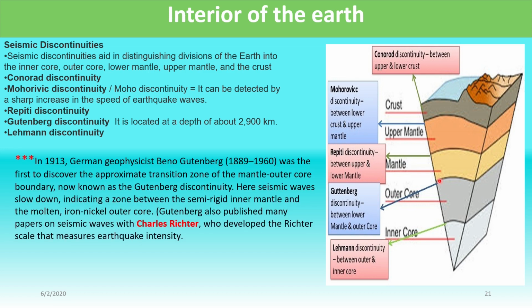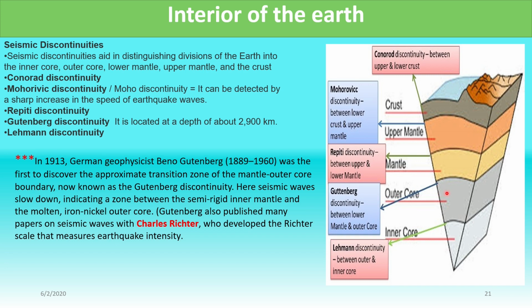In 1913, German geophysicist Beno Gutenberg was the first to discover the approximate transition zone of the mantle and outer core boundary. Now it is known as Gutenberg discontinuity. Here seismic waves slow down, indicating a zone between the semi-rigid lower mantle and the molten iron-nickel outer core.